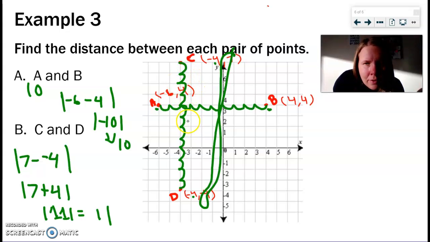What did I do wrong? I think I might have mislabeled something here. One, 2, 3, 4, 5, 6, 7, 8, 9, 10, 11, 12.